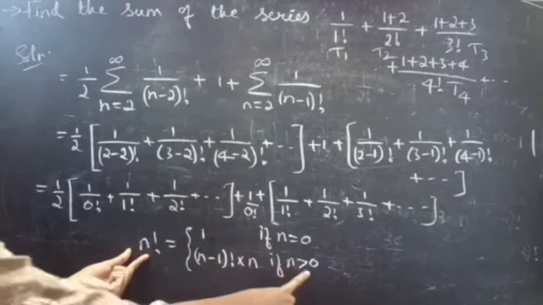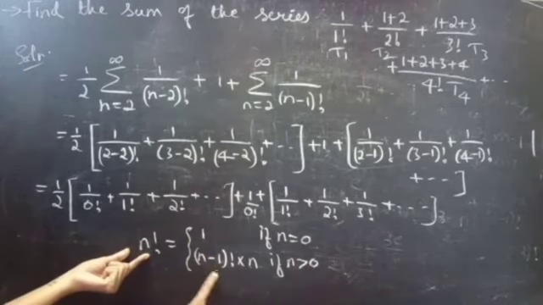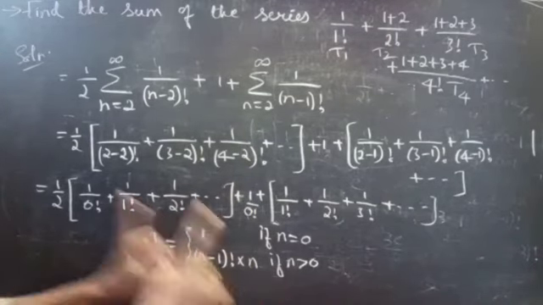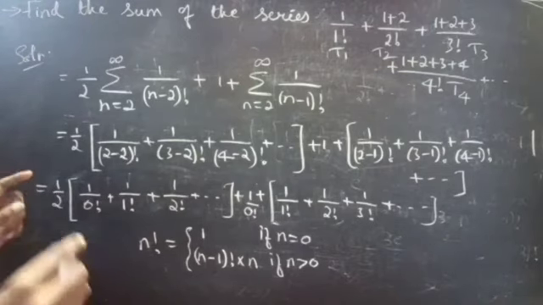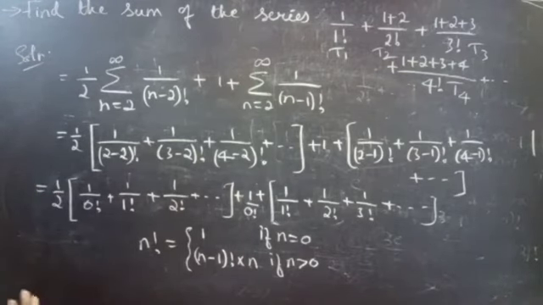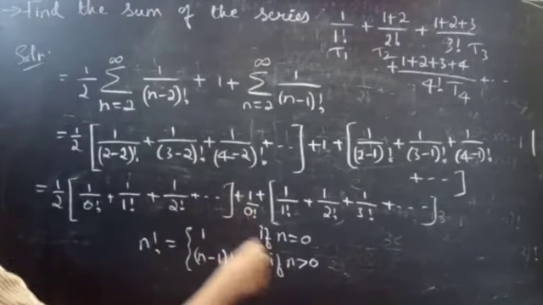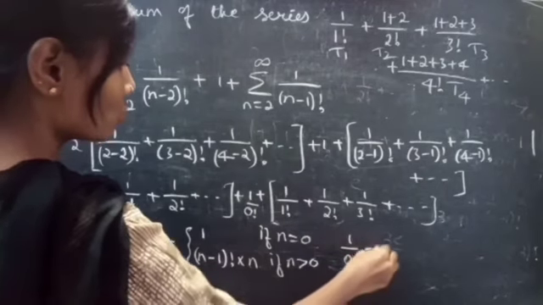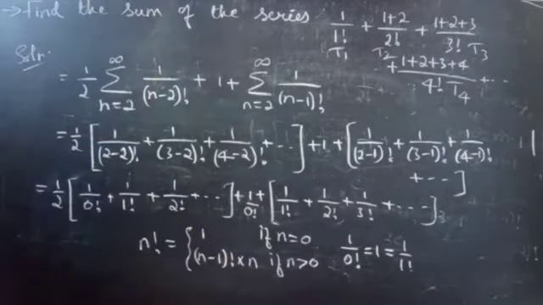If n is greater than 0, that is if n equals 1, 1 minus 1 is 0 factorial, which equals 1 into 1, which is 1. Okay, so 0 factorial equals 1 factorial equals 1. So obviously you can write 1 as 1 by 0 factorial. 1 by 0 factorial equals 1, which is also equal to 1 by 1 factorial. Okay.